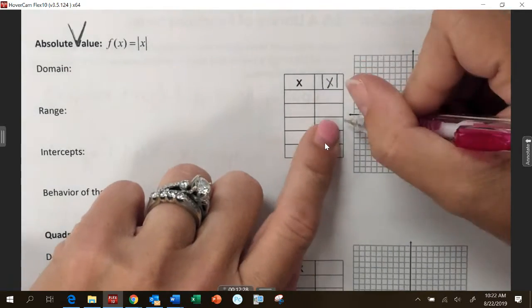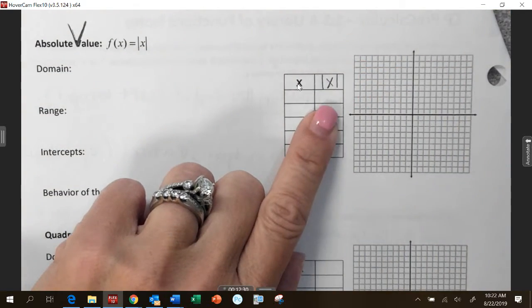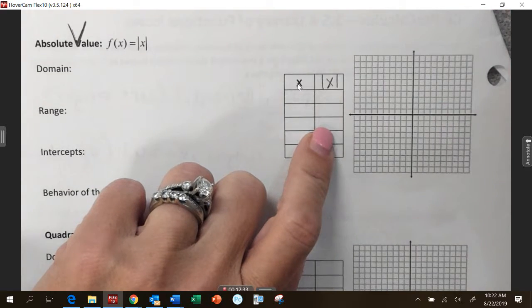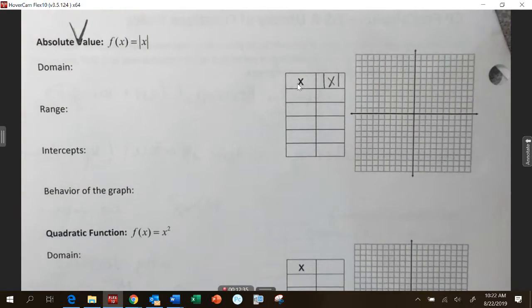So I left this blank here, thinking that you could think for yourself, what could I take the absolute value of? Do I want to only take the absolute value of positive numbers? Is that going to help me with my graph? I probably want to throw some negatives in there, don't I? What about 0? Should I throw 0 in there? It's a good, nice number to put in there, too.